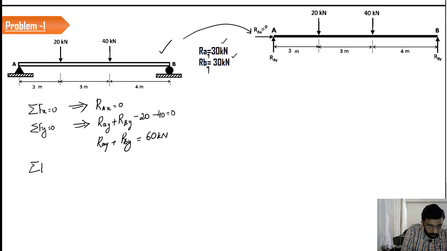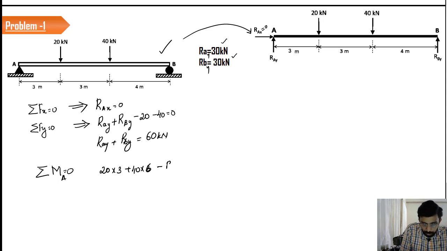And after that we are going to take the moment equation. We will use the moment equation, net moment equal to 0. Not the moment at point A equal to 0, we can take the moment at B equal to 0, it doesn't matter. So the value is going to be 20 into 3 plus 40 into 6 minus RBY into 10 equal to 0.